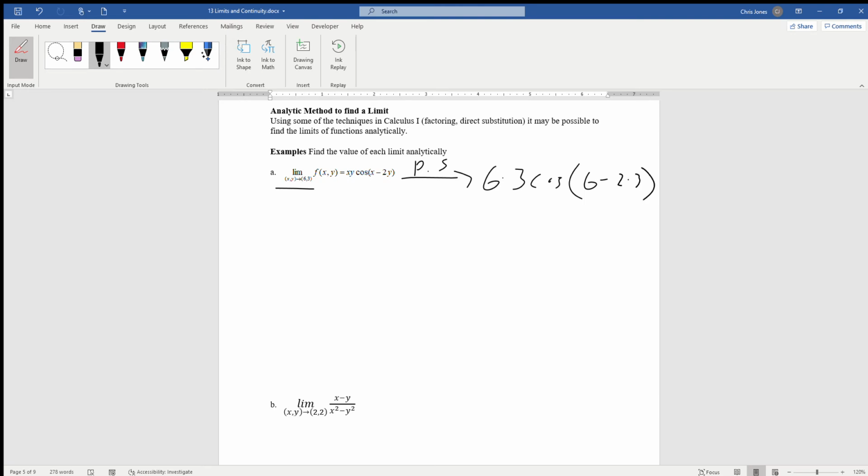By just doing some simple evaluation, that gives us 18 cos of (6 minus 6), which is 0. And then remember that the cosine of 0 is 1, and 18 times 1 is 18. So that's a really easy example by using direct substitution, which should be our first line of defense.